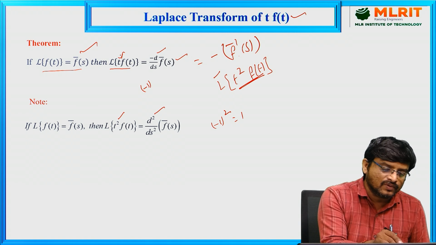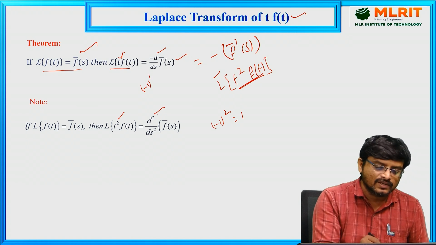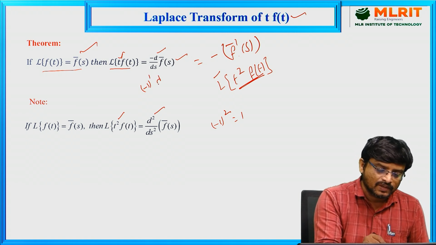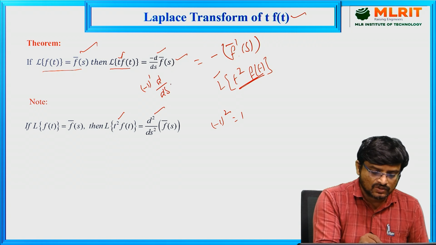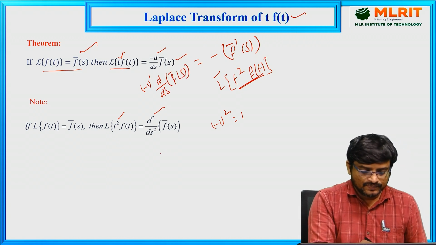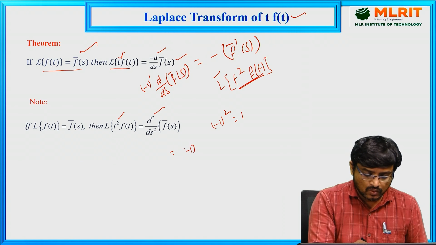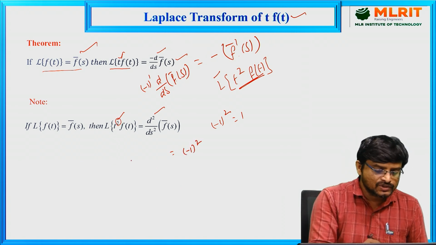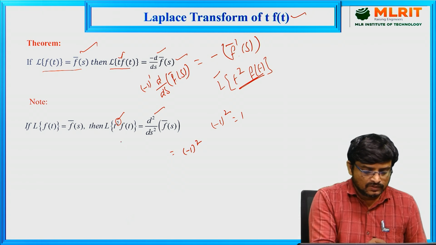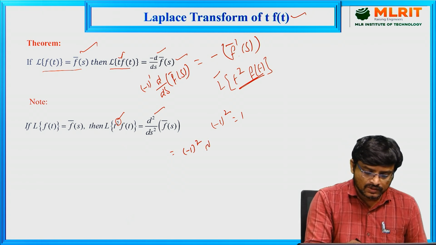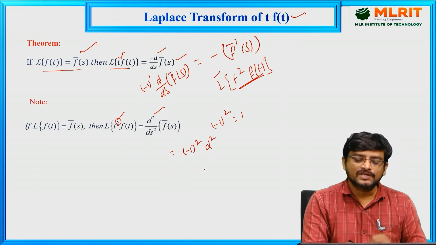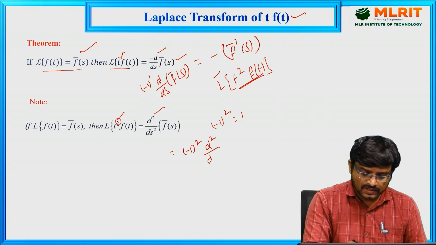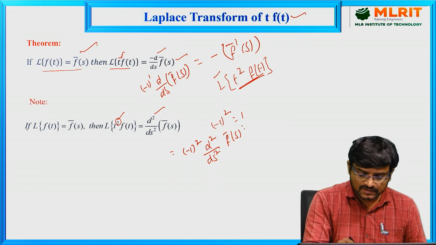In general, the power of t is 1, so we take minus 1 whole to the power of 1 into d by ds of f bar of s. And here it can be written as minus 1 whole square, because the power of t is 2. So minus 1 whole square into the 2 times derivative, d square by ds square of f bar of s.